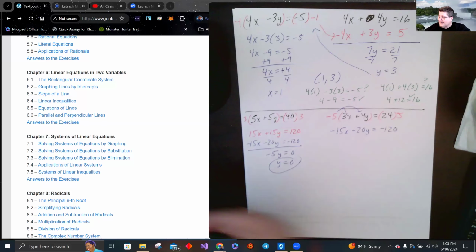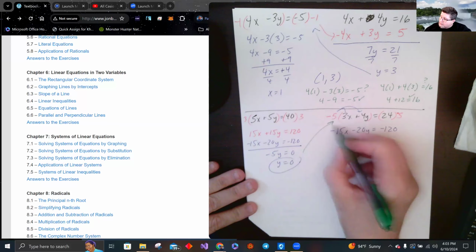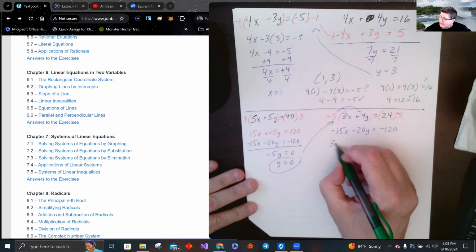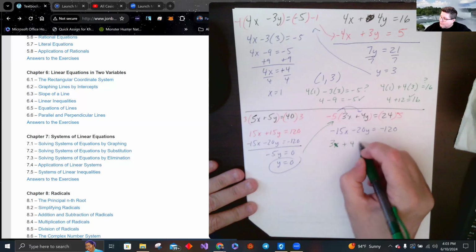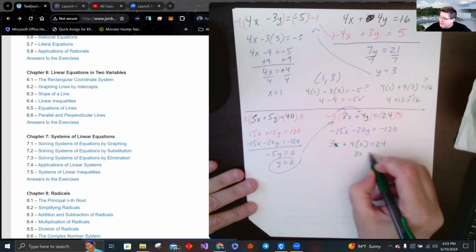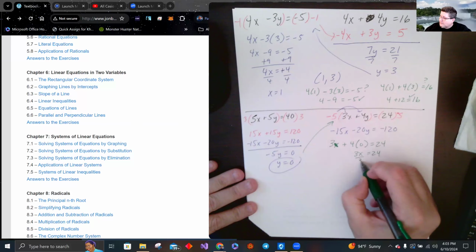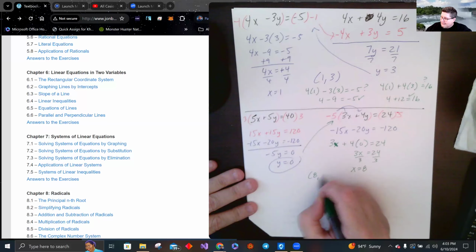Then I will take that and plug it back into one of the equations. I'm doing the one with the smaller coefficients right now: 3x plus 4 times 0 equals 24. So 3x equals 24, x equals 8. I get 8, 0.